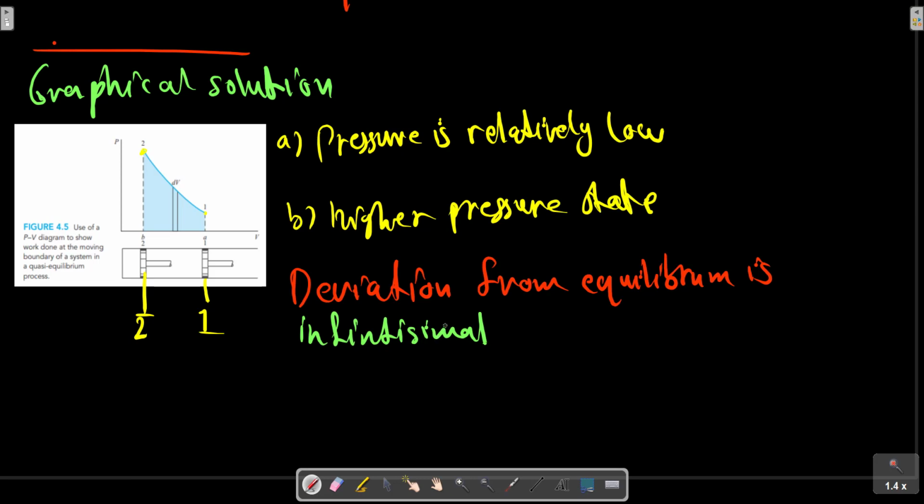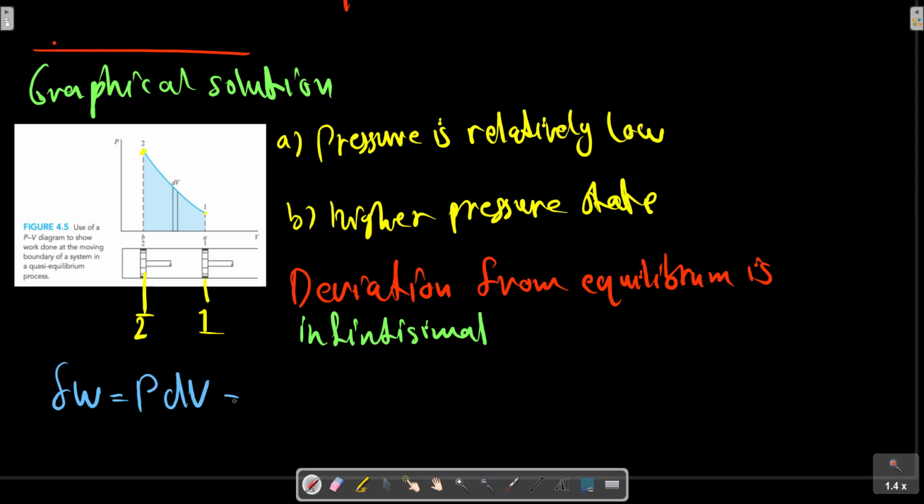The work done on the gas during this compression process can be found by integration of the P dV.